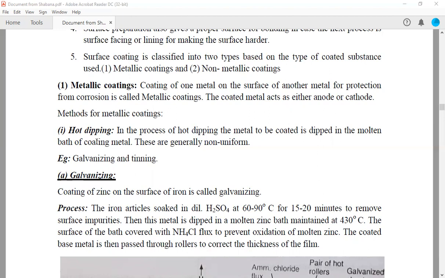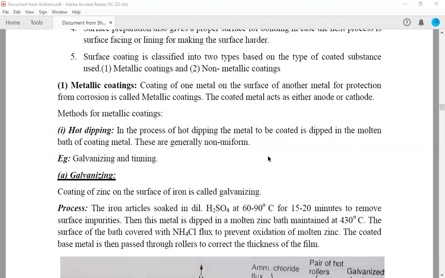The hot dipping method is a process of coating low melting metals such as zinc, tin, lead, aluminium, etc. on iron, steel, copper, which have relatively high melting points.